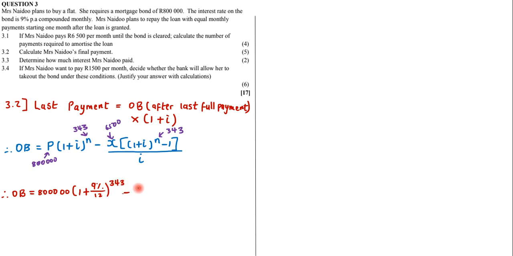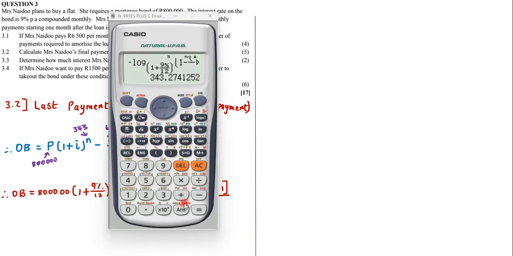Then we subtract 6,500 into 1 plus I, being 9% over 12, raised to the power of 343, minus 1, and then we divide this by 9% over 12. Now we're going to press this into our calculator and see what we get.